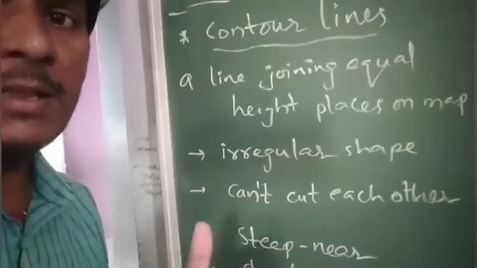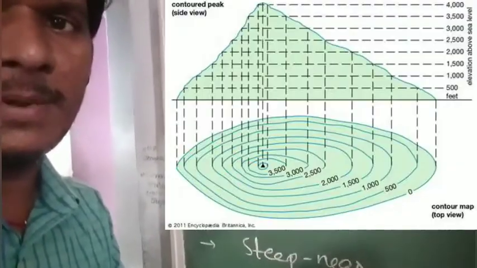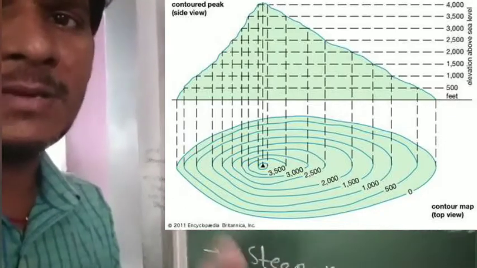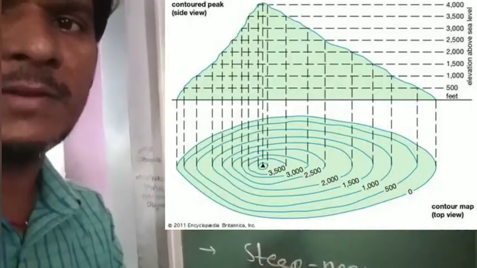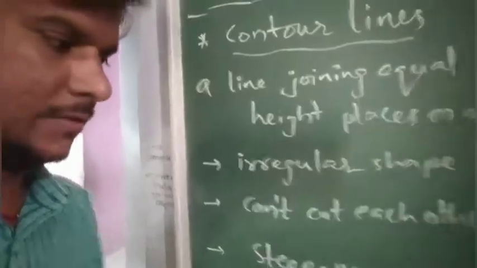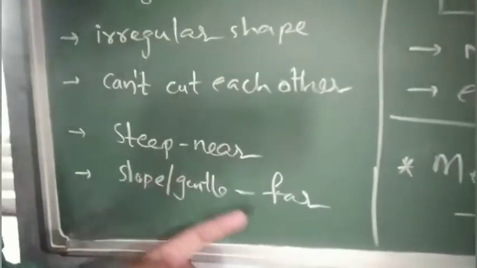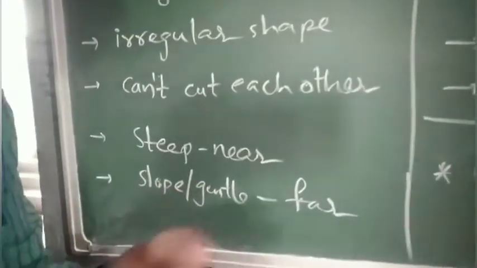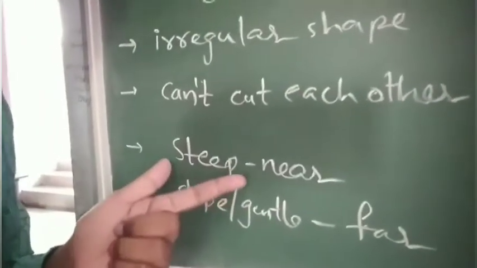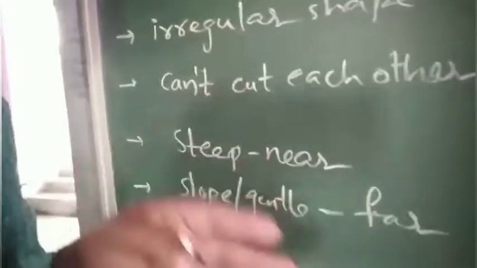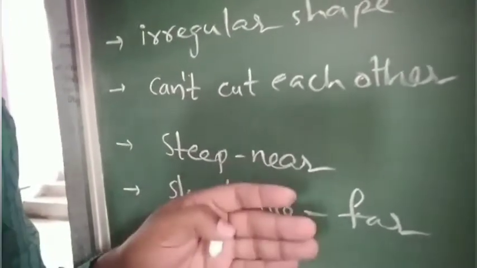They cannot cut each other means that when we draw one contour line and another contour line on a map, they never cut each other, because one contour line's height is different from another's. Obviously they have distance. Next, the distance: sometimes contour lines are near, sometimes they are shown far apart. Why? If the land is very steep, straight, like a wall, the lines are shown very near.